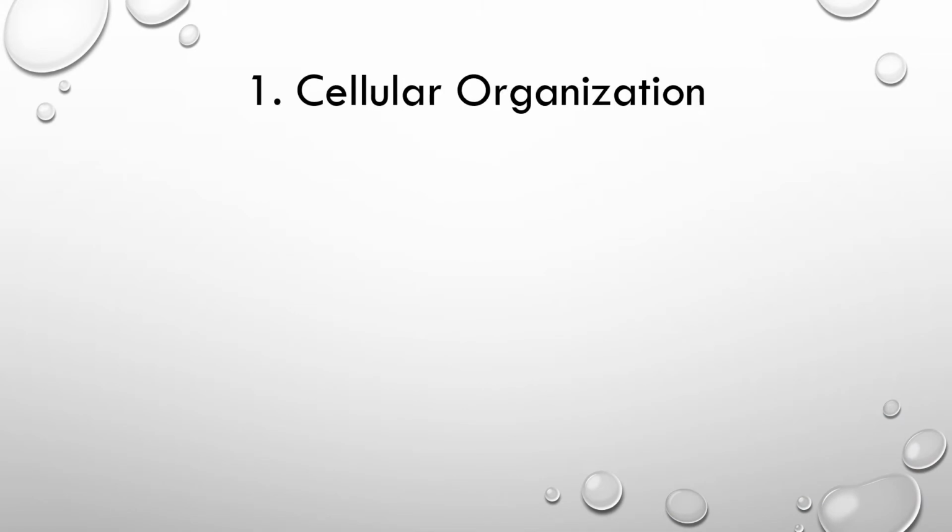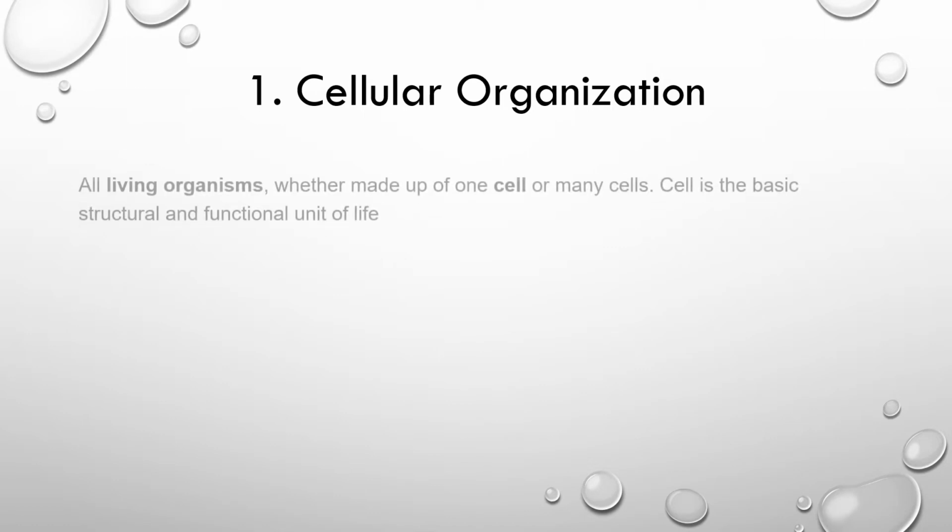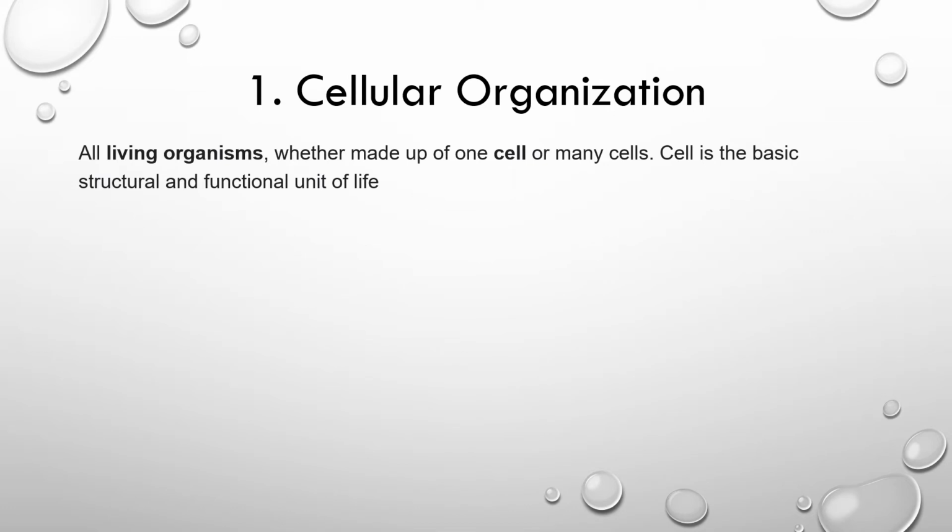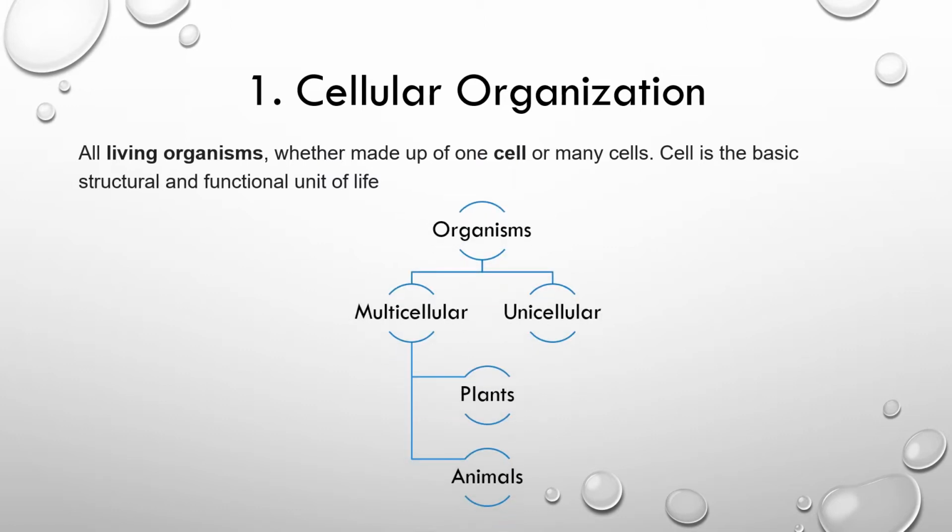So the first characteristic is cellular organization. In unit 6 you learned that all living organisms are made up of cells, and the cell is the basic structural and functional unit of living organisms. There are two main types of organisms: multicellular organisms and unicellular organisms.